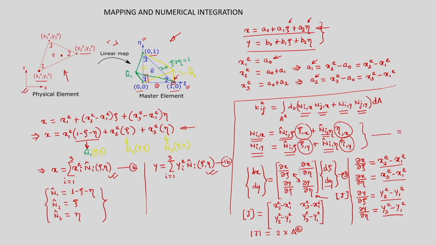So, equation number 3 says that N_i,x, the derivative of Ni, is equal to the derivative of N̂i with respect to xi times the derivative of xi with respect to x, plus the derivative of Ni with respect to eta times the derivative of eta with respect to x. So, these two sets of equations let us rewrite in the matrix form.